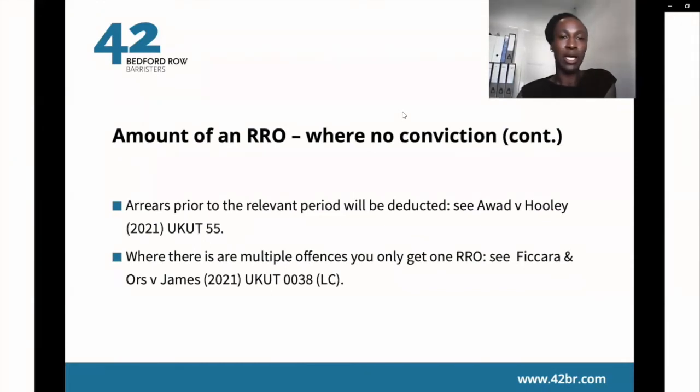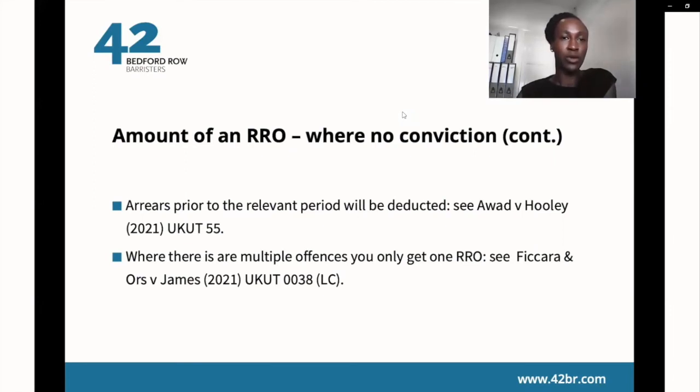This was within the first tier tribunal an application by a tenant against her landlord for a rent repayment order in respect of a failure to license the property. In this instance, the tenant was in arrears during that relevant 12-month period. However, she was making some payments towards the rent.